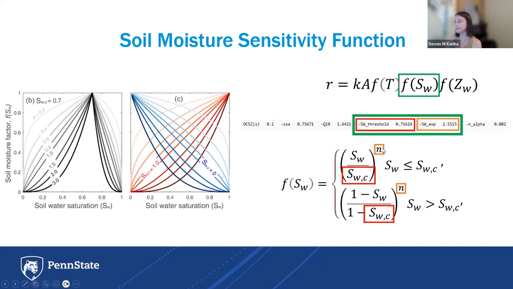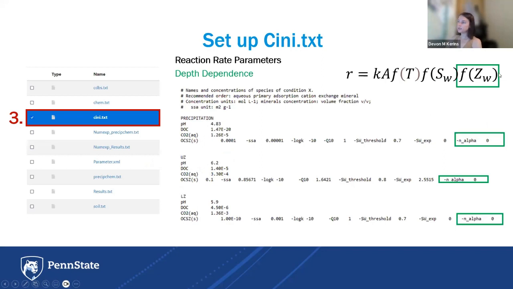And then we also have this N exponent within our soil moisture sensitivity function, and this will really represent the sensitivity of the reaction rate to soil moisture. We can see by amending this N, we can change the shape of the curve and the shape of the response of the reaction rate to soil moisture. And then last but not least, we have our sensitivity function to water table depth. Right now they're all going to just be set as 0 for simplicity.